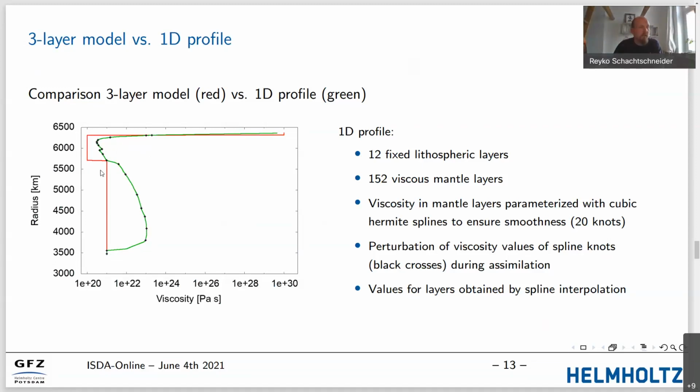There are a lot of undulations, and it's very difficult to obtain a smooth profile. We will see that it's even a challenge when parameterizing it with splines. The values for the mantle viscosities are then obtained by spline interpolation.